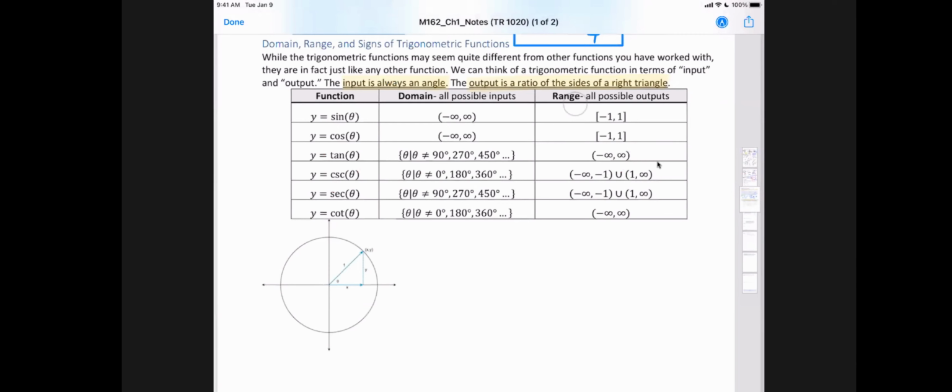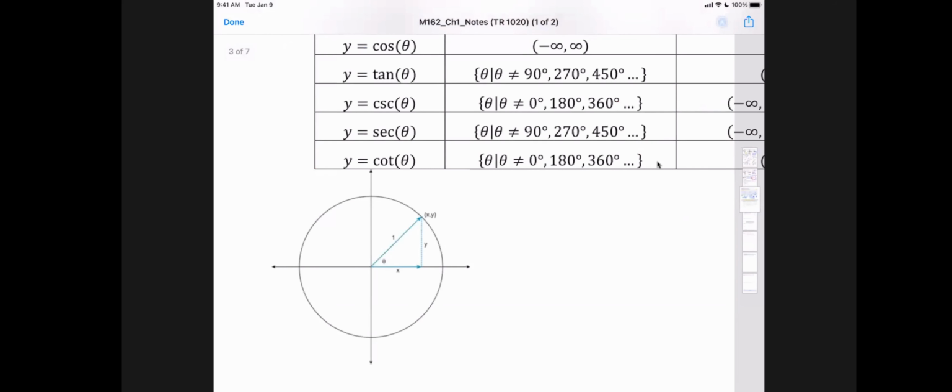And the range for sine and cosine, all of the outputs of your coordinate points, are between -1 and 1. That makes sense as well, because we're going around this unit circle to find these values for sine and cosine. And this circle doesn't go beyond 1 or -1, right?